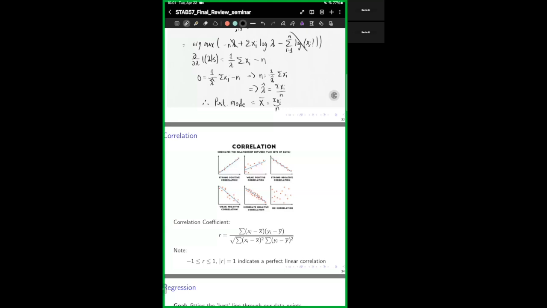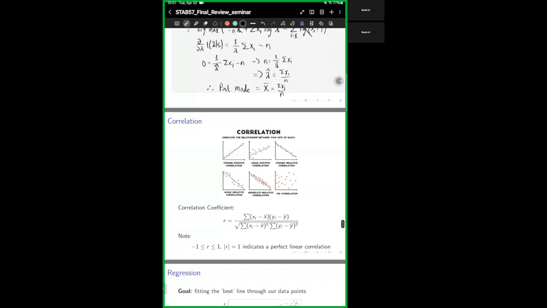Now we will begin the second part of this recording, where we change our focus to regression. To begin with, what is relevant is correlation. So what is the correlation between two variables?